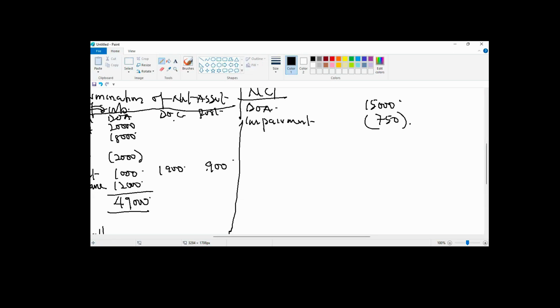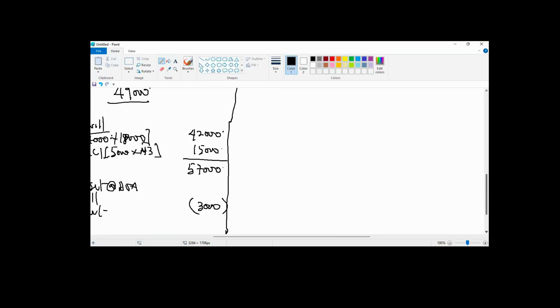Take it to the goodwill calculation. Net asset at date of acquisition, $49,000. So what is the goodwill at date of acquisition?